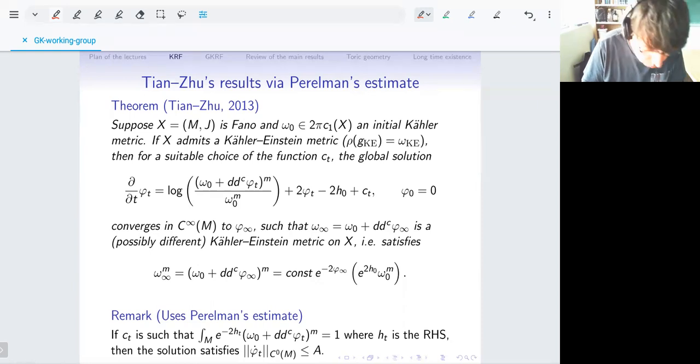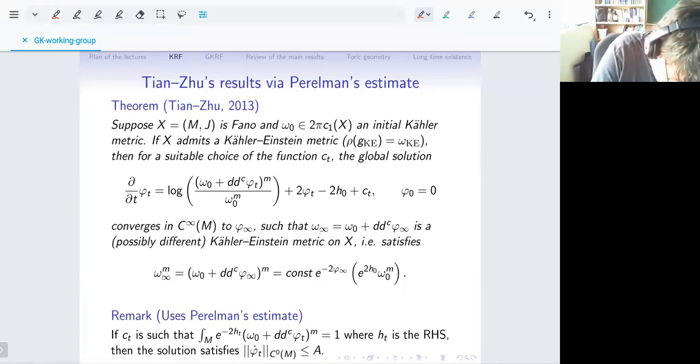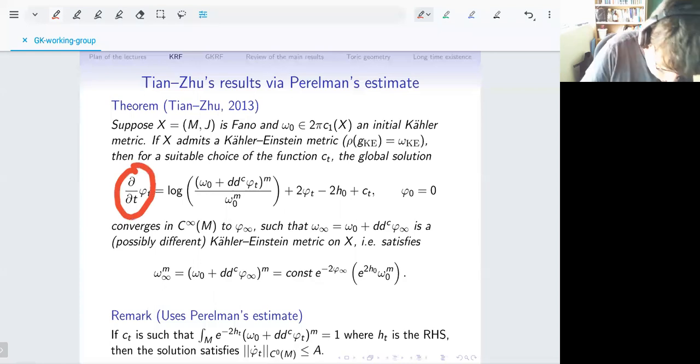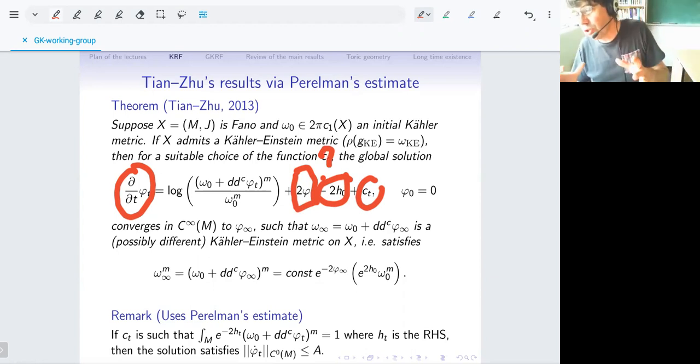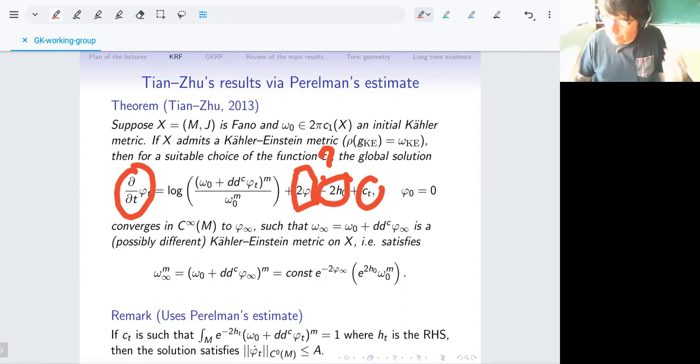So if we go back here, this will be C0 bounded. Of course, this will be okay. Well, the normalization constant doesn't matter much, but you still have a problem, because you don't know that phi is bounded. So the main issue was, even with Perelman's estimate, to prove the C0 estimate for phi t. So that was the big missing bit, and that's what Tian and Zhu achieved in many steps.